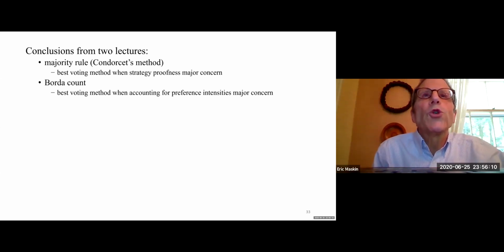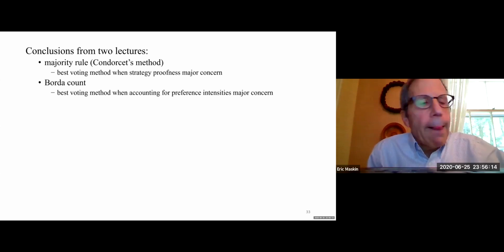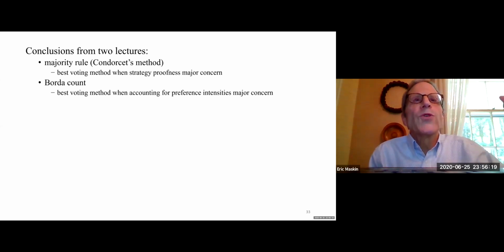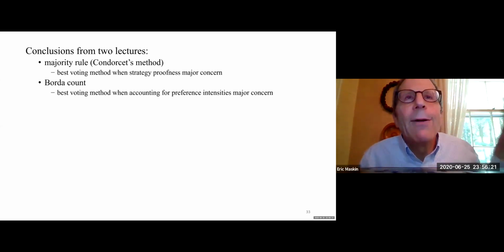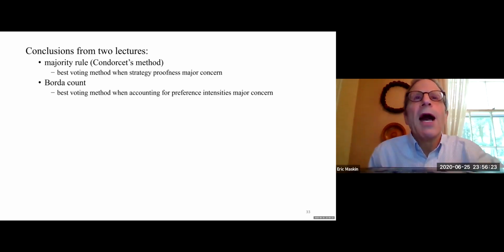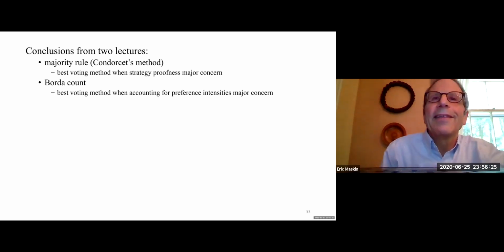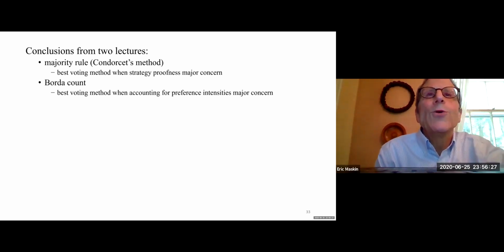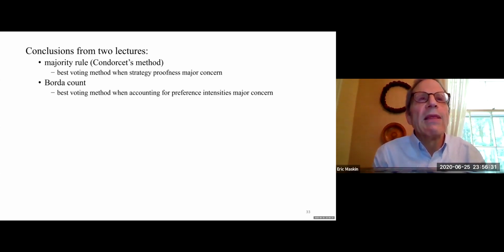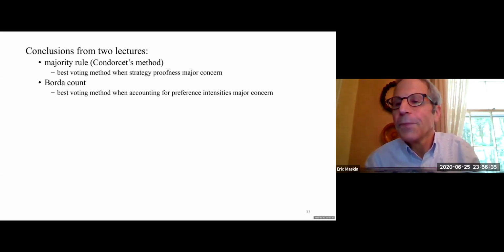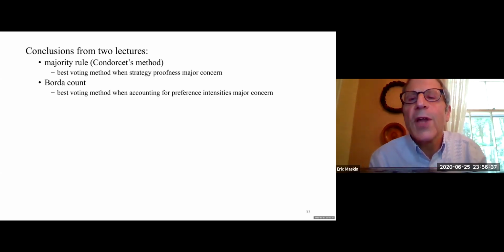So we make a choice, one or the other. Condorcet and Borda dominate everything else, but they don't dominate each other. Each has its uses depending on the circumstance, and that's the moral of the story, if you like. Okay, let me stop there and take further questions.